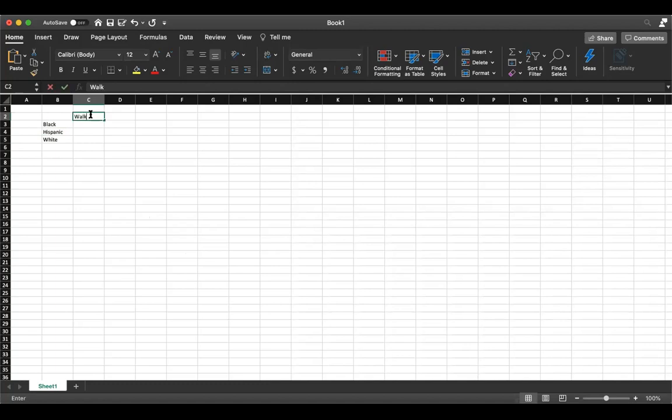I want the activity listed out: walking, weights, cycling. I'm on a Mac, so mine may look a little bit different than yours. If you're on a PC or something else, just know that it's pretty much the same stuff.